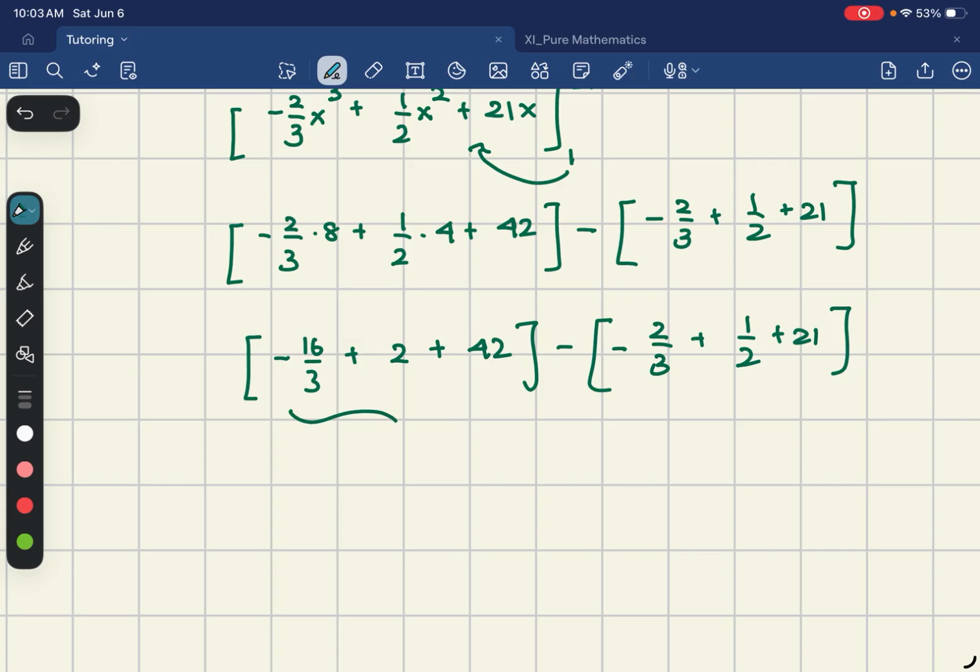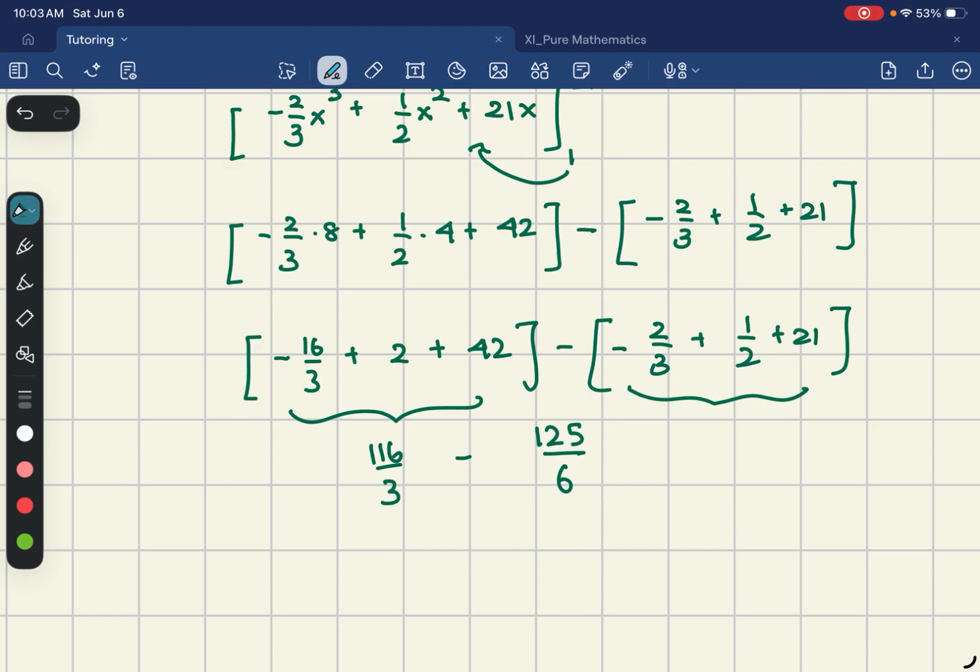So this part will simplify to 116 divided by 3, minus, let me simplify this part. So you get negative 2 over 3 plus 1 over 2 plus 21. So that is 125 over 6.